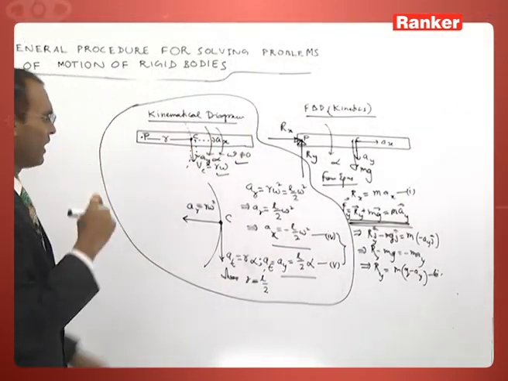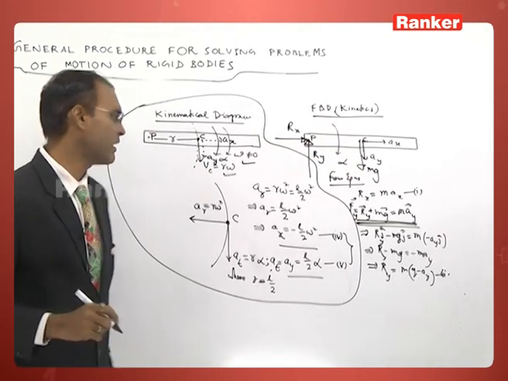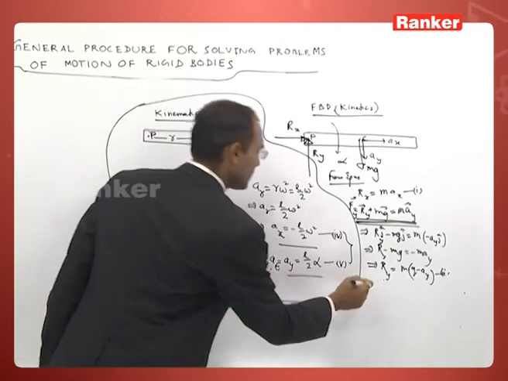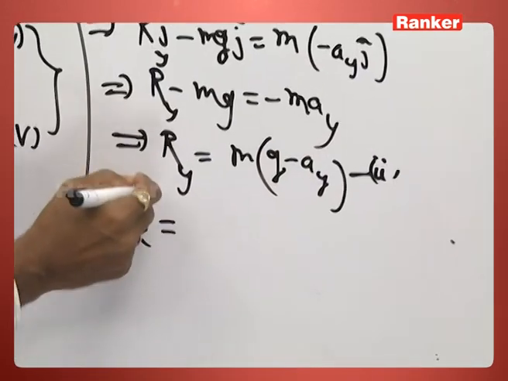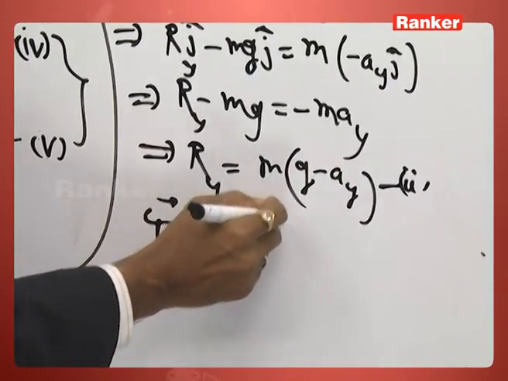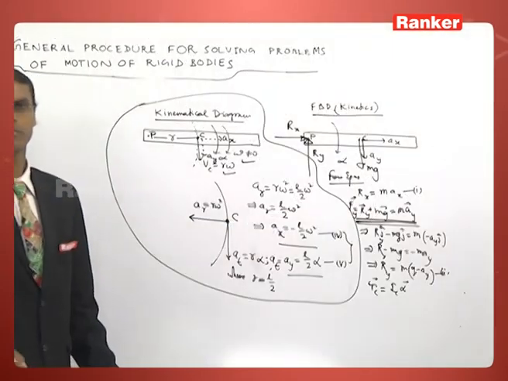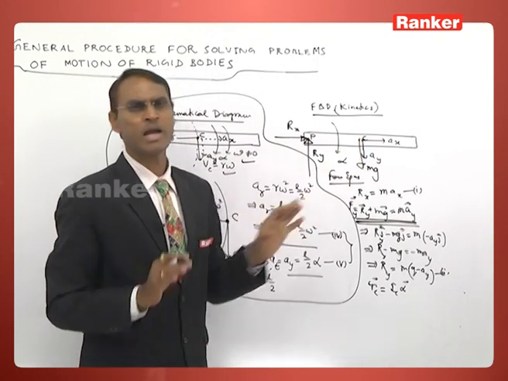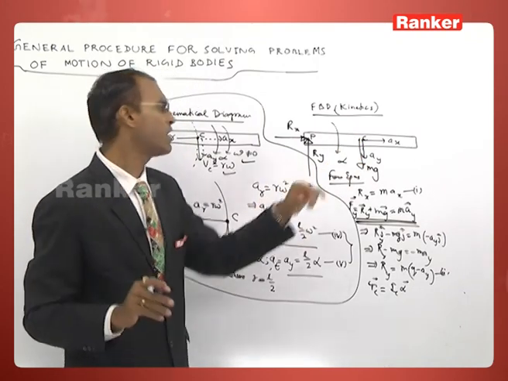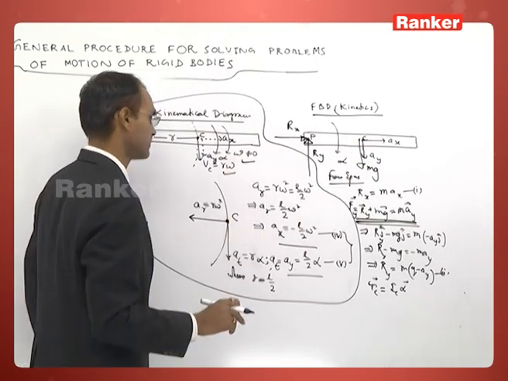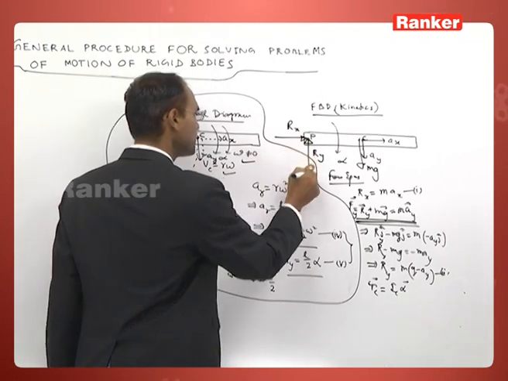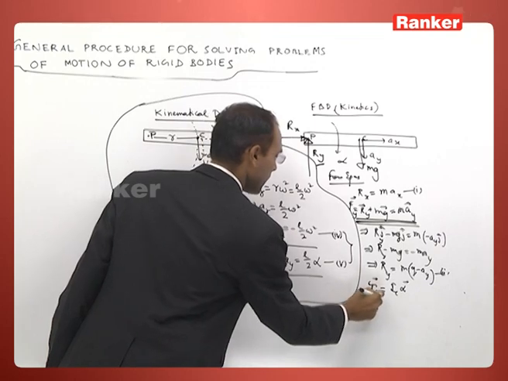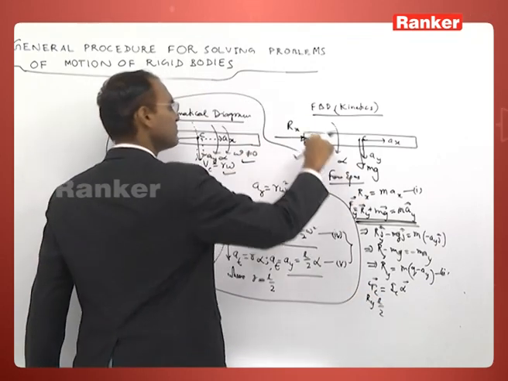Next, the torque equation about the center of mass. Tau c vector is equal to IC into alpha vector. As I told, these two forces pass through the center of mass, they cannot produce a torque about the center of mass axis or z axis. So, the torque is produced by this force, that is equal to Ry into L by 2 in which direction?